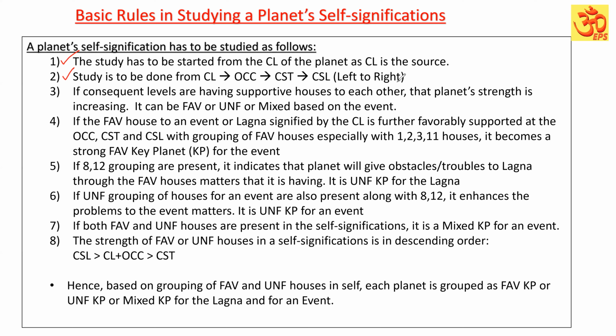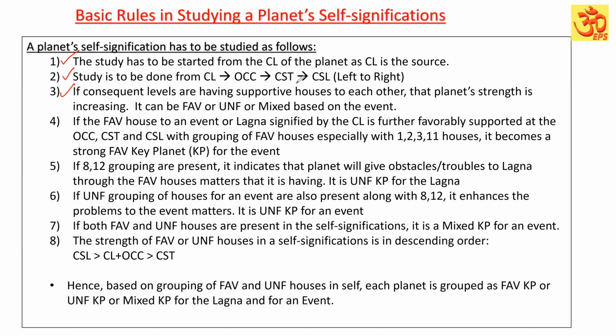Third, if the consequent levels CL, OCC, CST, CSL have houses supportive to each other, that planet's strength is increasing. It means a planet has something favorable in CL, OCC also favorable, CST also favorable, CSL also favorable.